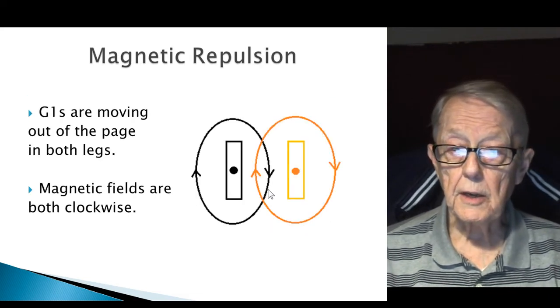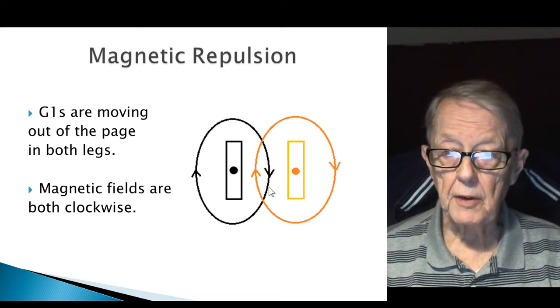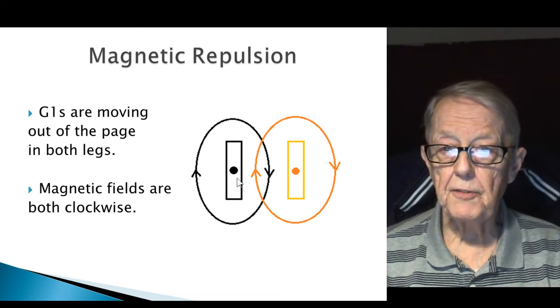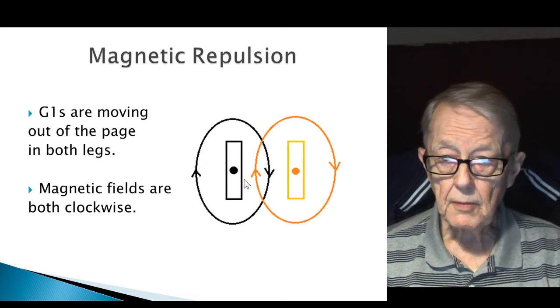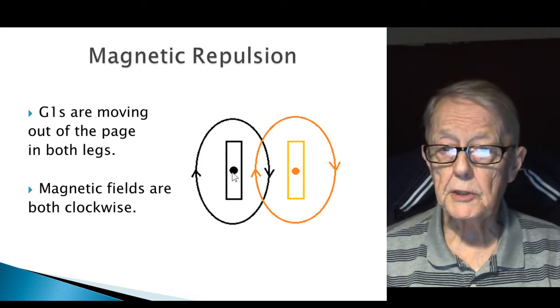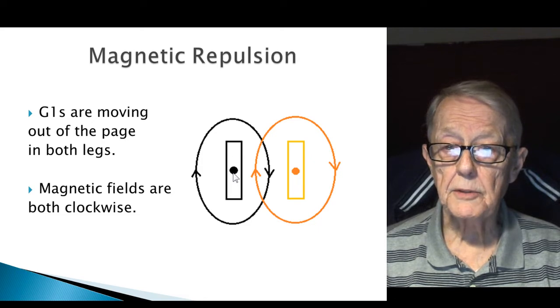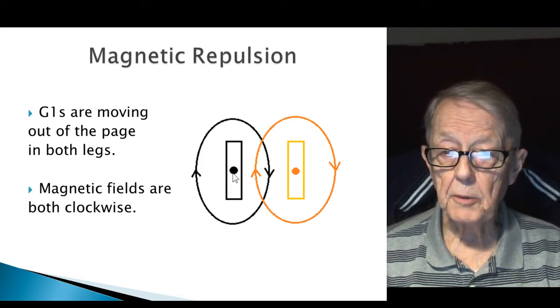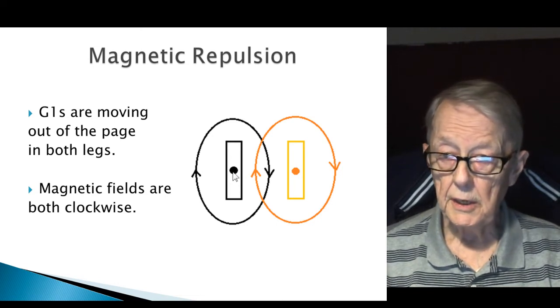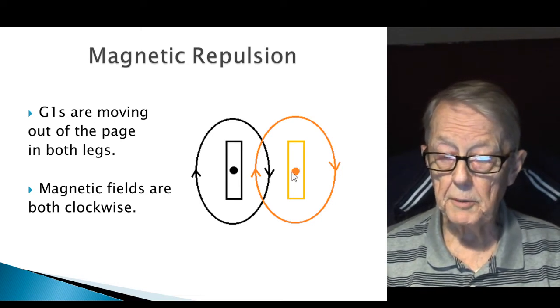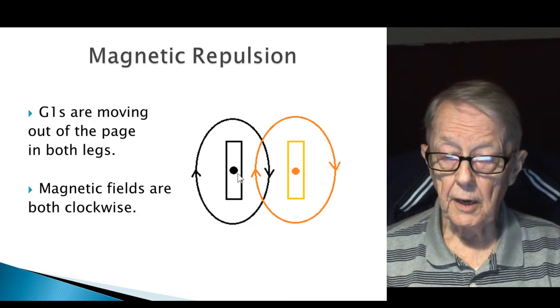So if we look at the bottom of the electroscope, and this is the fixed leaf, this is the gold leaf which moves, and I'm assuming, as just described, that the G1 particles are moving down in the previous page, which means they're coming at you out of the page. And this point is supposed to be the point of the arrow coming at you.